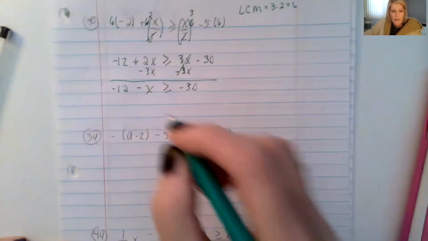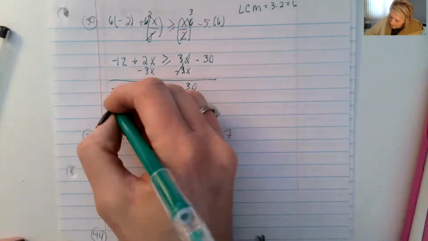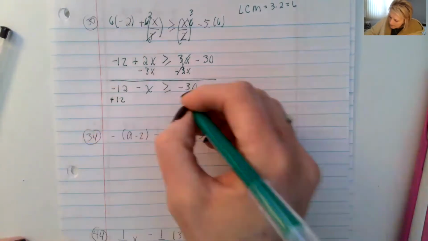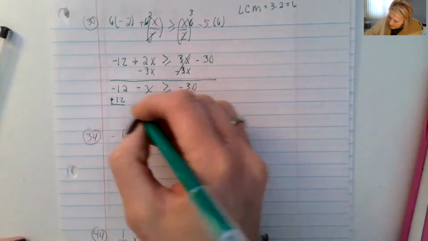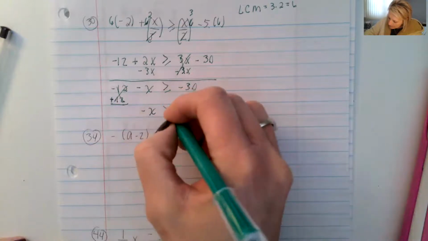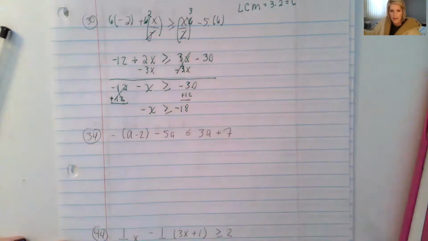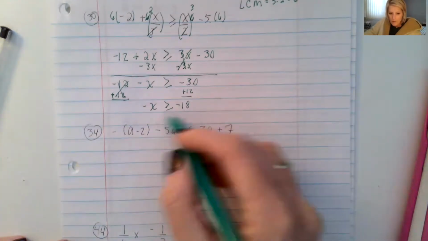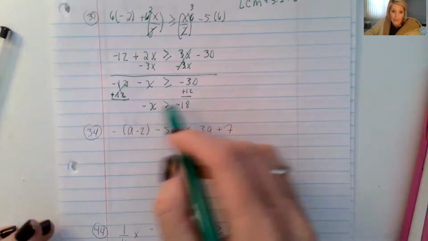And then I'm going to get my constants to the right. So those cancel. We get a negative x is greater than or equal to a negative 18. And we're solving for x, but right now x is negative. So we really just have to make it the opposite sign that it is.